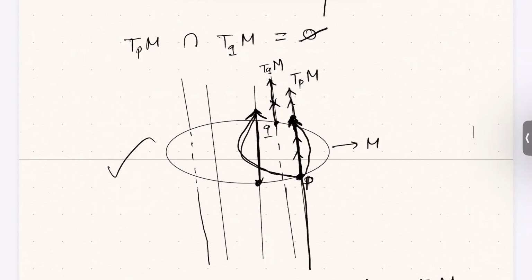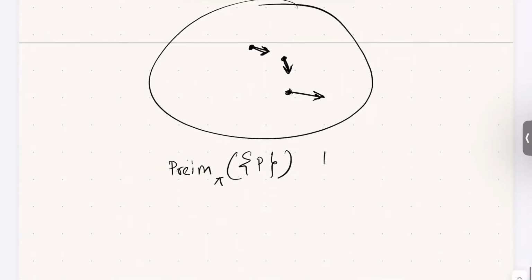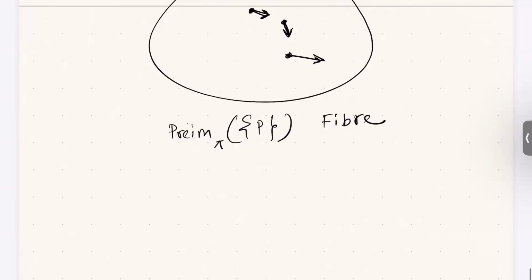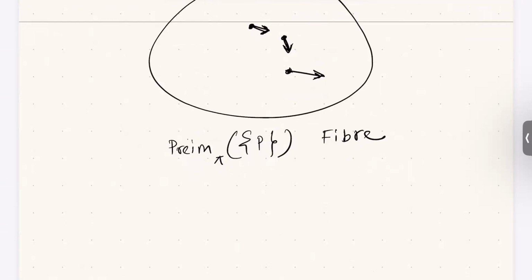This whole line is the pre-image of pi at the point P, right? So that means this is a fiber. Basically we attach a fiber to each point of the manifold, and then we get the bundle.